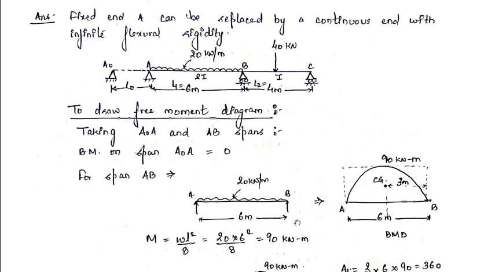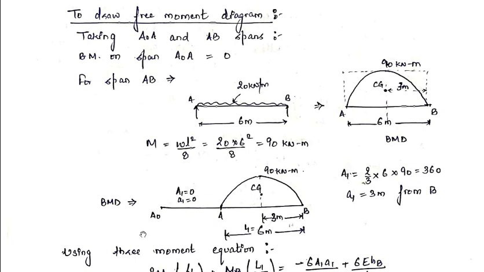For this type of loading the maximum bending moment is WL square by 8. The maximum free bending moment comes out to be 90 kilonewton meter, since the UDL is 20 and the span AB is 6, so 20 into 6 squared divided by 8 is 90. The bending moment diagram for a simply supported beam subjected to a UDL is a parabola, and this value is 90.